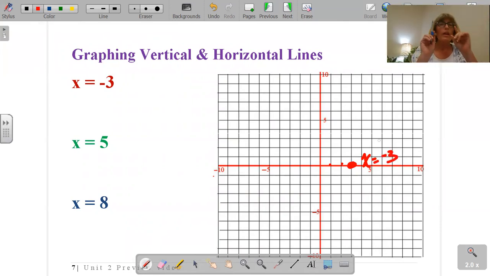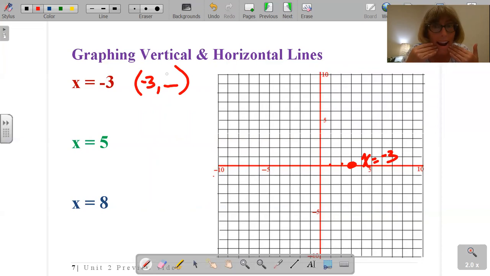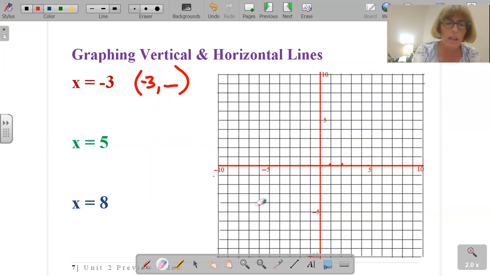No. This reads all the points where x is -3. Oops, I even graphed the wrong thing wrong. It's over here. That would be the most common mistake.